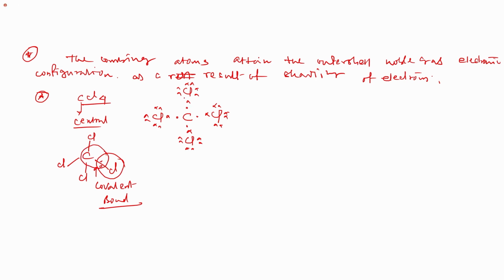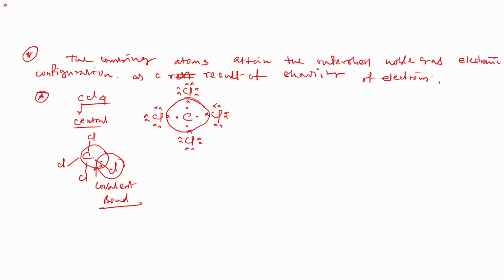So here, first of all, the bonded electrons are shared by the carbon atom, that is the circle. Inside this circle, the carbon has 4 valence electrons, and another 4 electrons come from the 4 different Cl atoms. Now this carbon has 8 electrons in the valence shell.